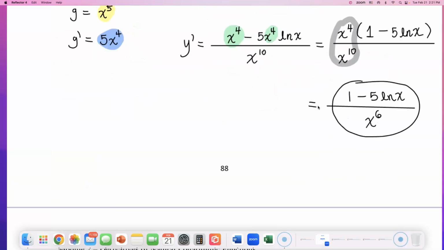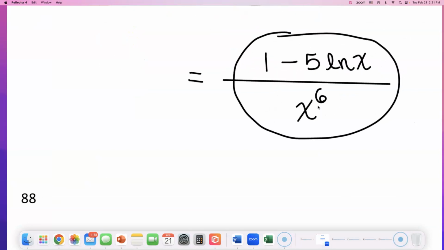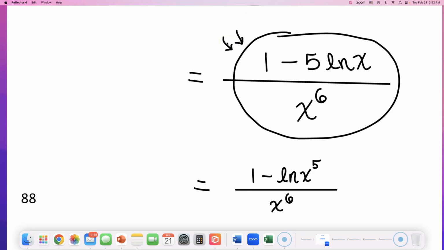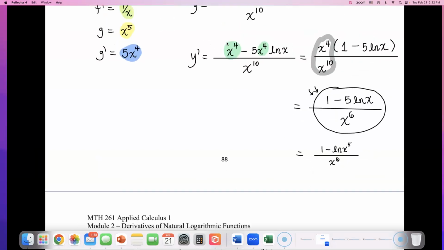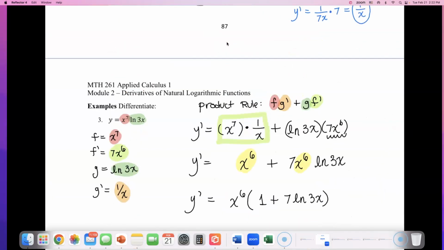You can, if you want to, send that 5 to the exponent, and another form of a correct answer will be like this: 1 minus natural log of x to the 5th power over x to the 6th. Well, you really don't have to. I would stop right there, okay? All right, but that's it for these two examples on page 88.